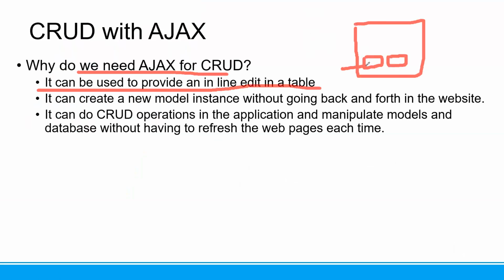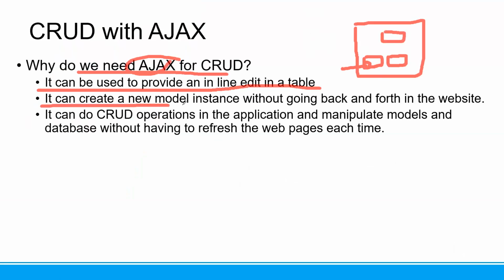And when you click submit, then you can modify the data in the server. But when you do it with Ajax, when you change something in the text, it can automatically change without submitting or without pressing the button.